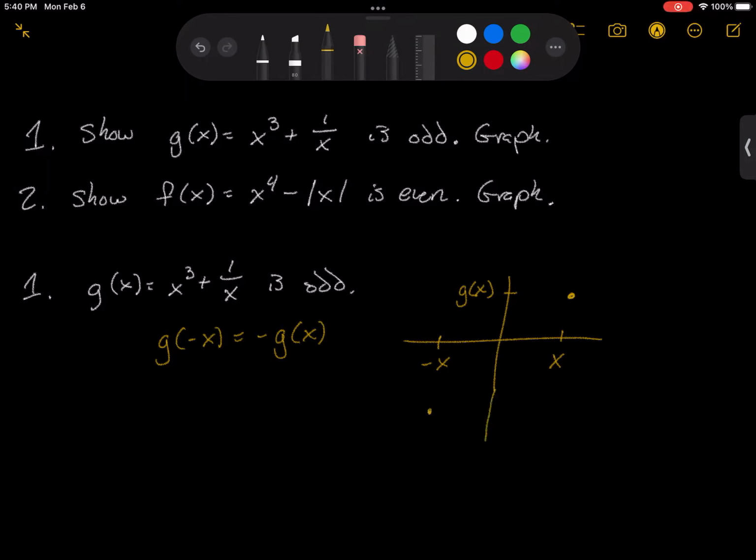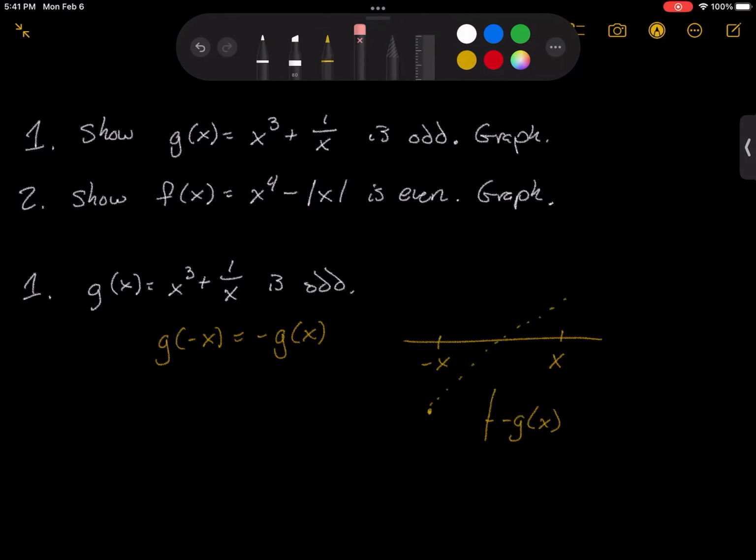It should go down here at minus g of x. Right, we get this symmetry over the origin. Now, so this is what I want to show.